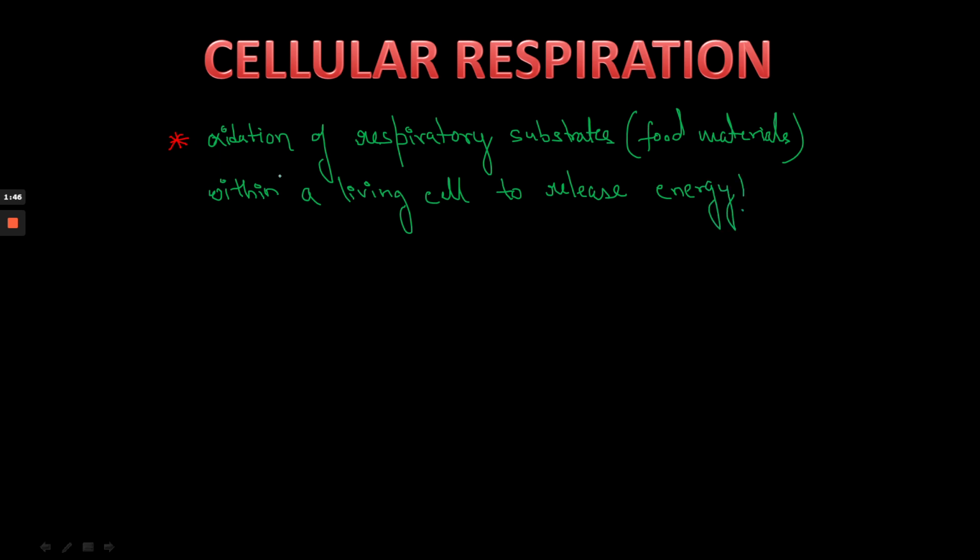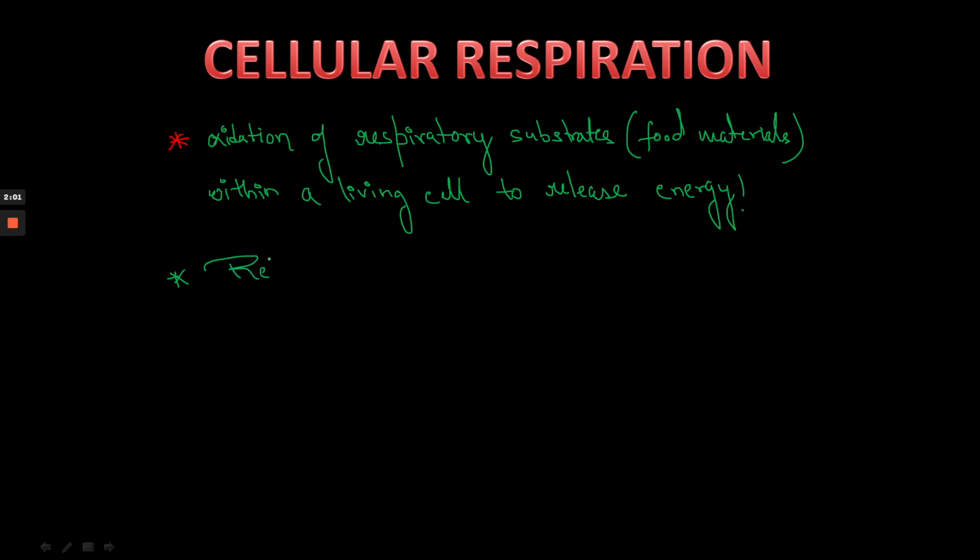So oxidation of respiratory substrates, that are your food materials, within a living cell to release energy, is known as cellular respiration. And whatever energy is being released, it is going to be stored in the form of ATP.